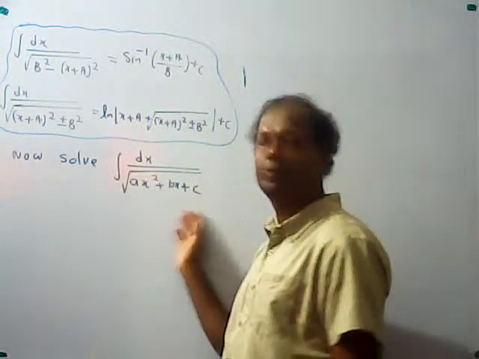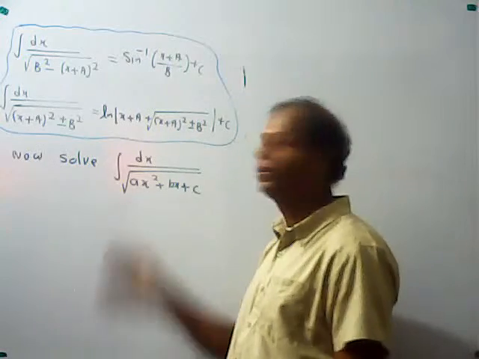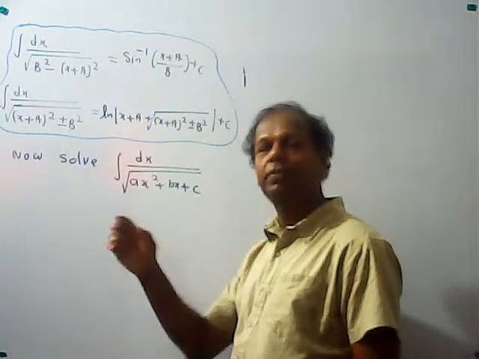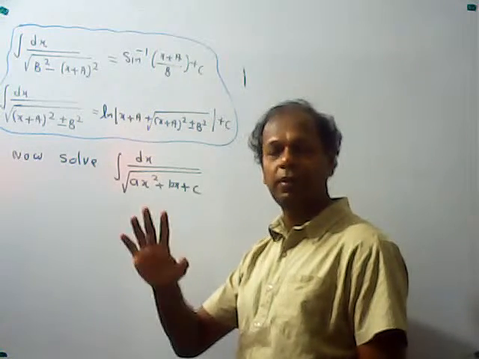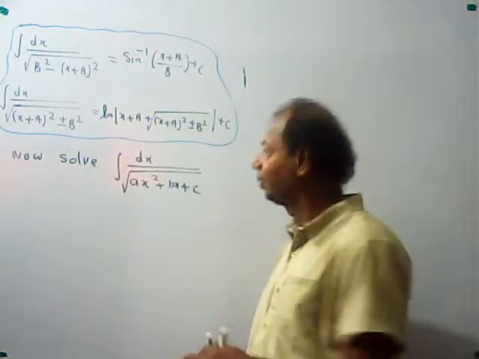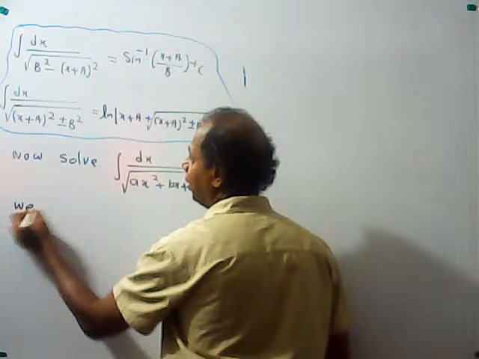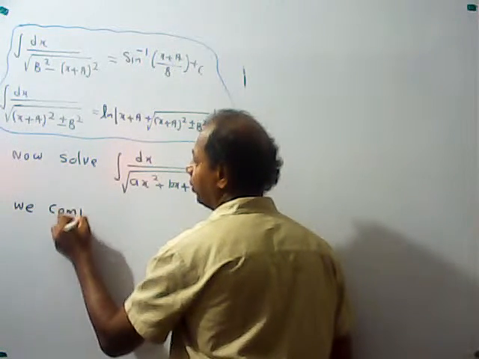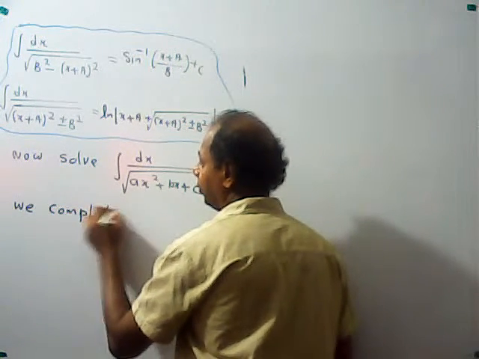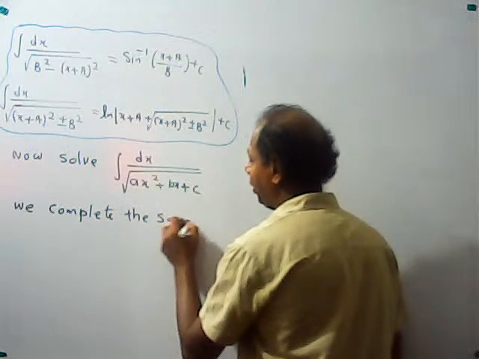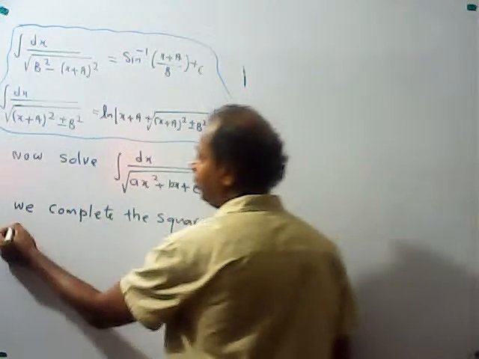Whatever the given function, with a square root here, you just complete the square. That's our method. To solve this, the first thing is we complete the square in the denominator.